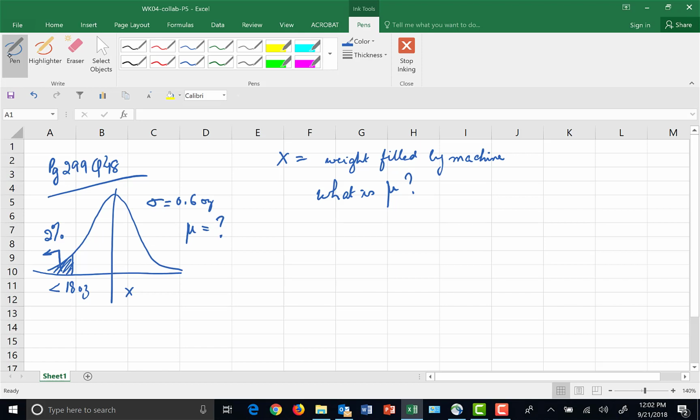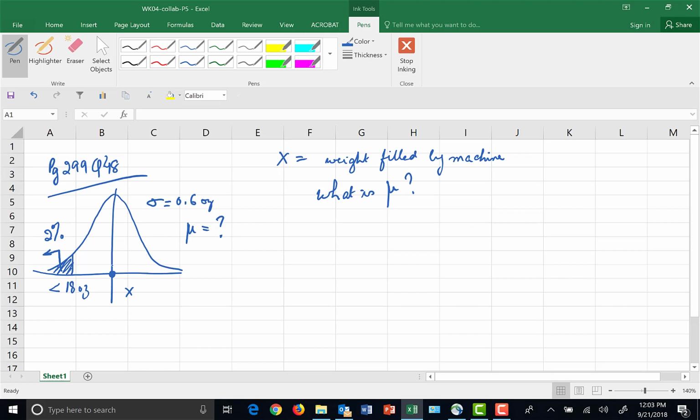All right, and we are being told to find this location. So the location that I want to find is this middle where I have just drawn this dot, the mean. That's the location I want to find.